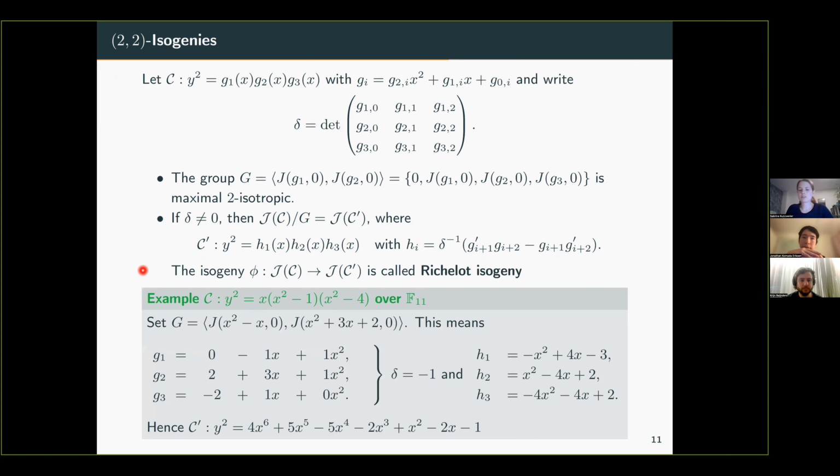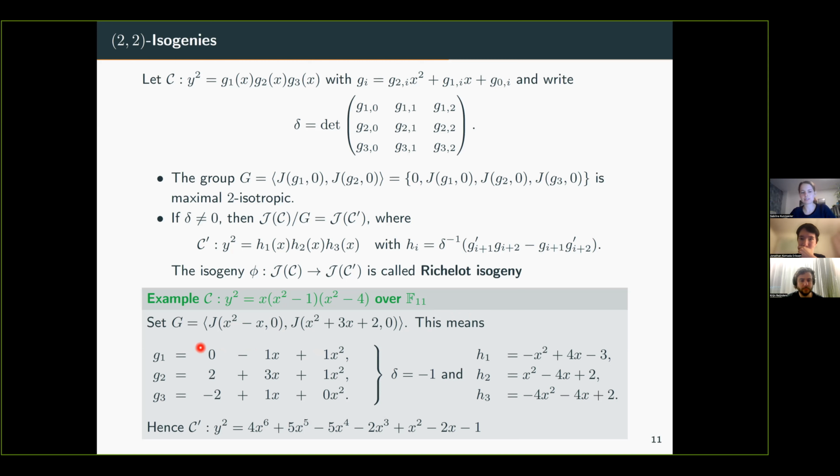So let's again look at the example from before. I think now I increased the size of the field a little bit, just because I wanted to have an isogeny that's a little bit more interesting than was possible over F7. And we look at the isogeny with the kernel corresponding to x squared minus x and x squared plus 3x plus 2.